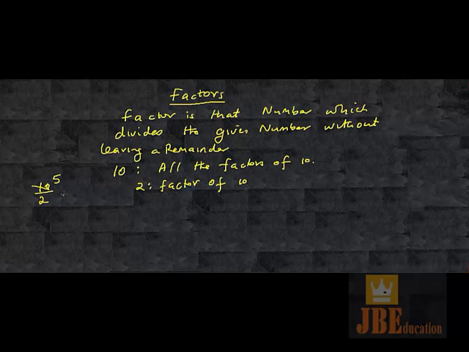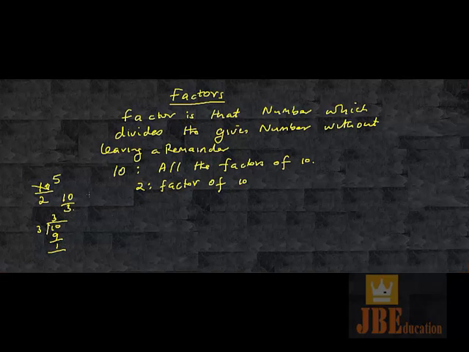Now if you were to try out if 3 is a factor of 10, if you were to adopt the usual method, you will find 3 upon dividing 10 leaves a remainder 1.